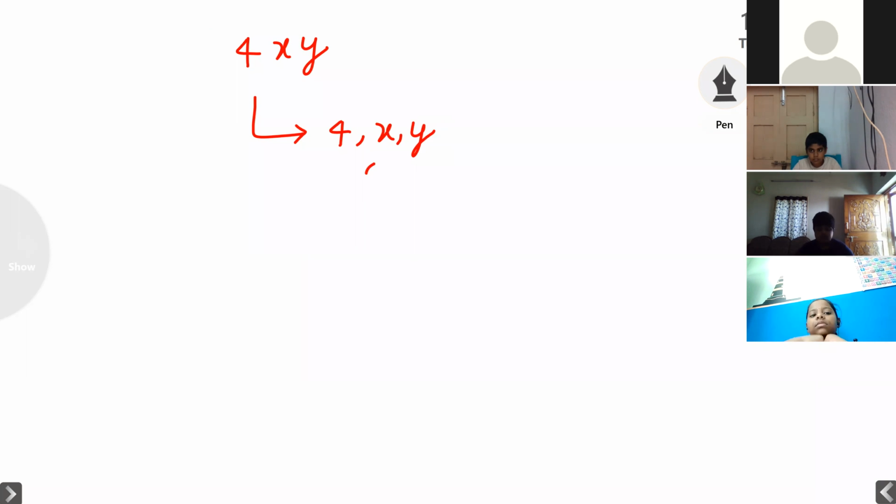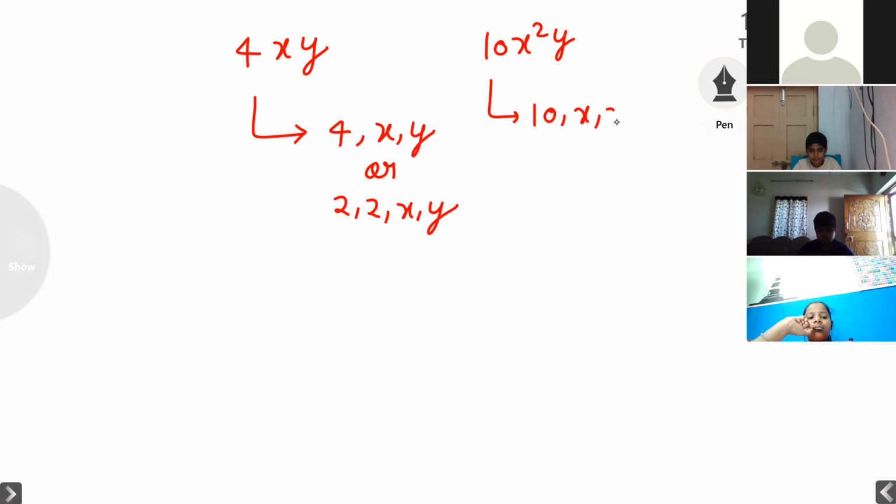Suppose I am writing here 4xy. I want to find the factors. I can write 4, x, y, or we can write 2, 2, x, y. If 10 x square y is there, I can write 10, x, x, y.